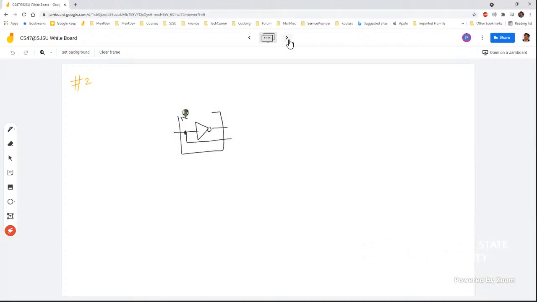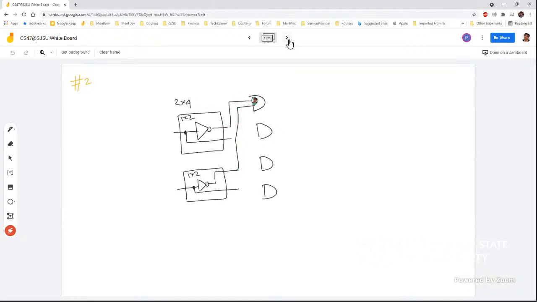From there, if we want to build a 2/4 line decoder, we bring in another 1/2 line decoder, which is again a simple inverter, and then add 4 AND gates, connected like this, and like that, and like this. So this becomes your 2/4 line decoder.